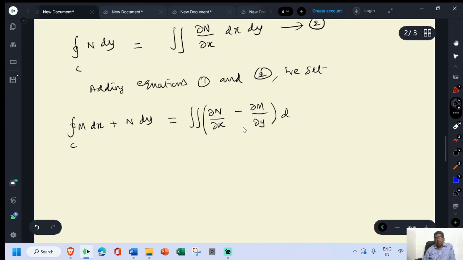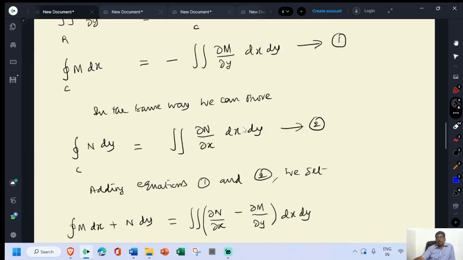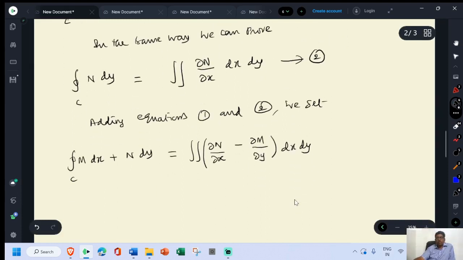The entire thing is multiplied by dx dy. We just add these two terms: ∂N/∂x dx dy minus ∂M/∂y dx dy. We have taken out dx dy as a common term. This is over R. Hence the theorem is proved.